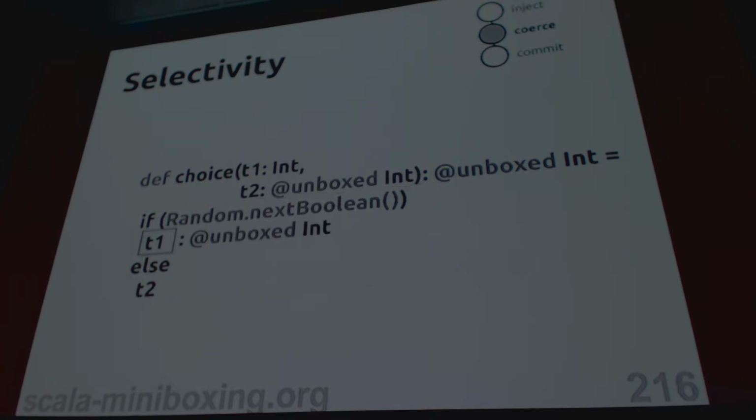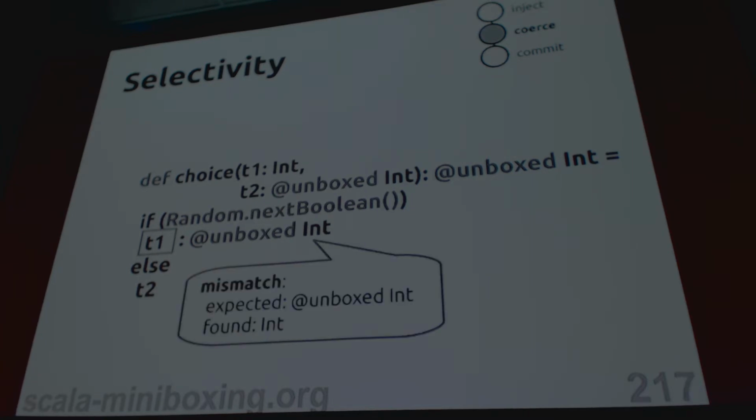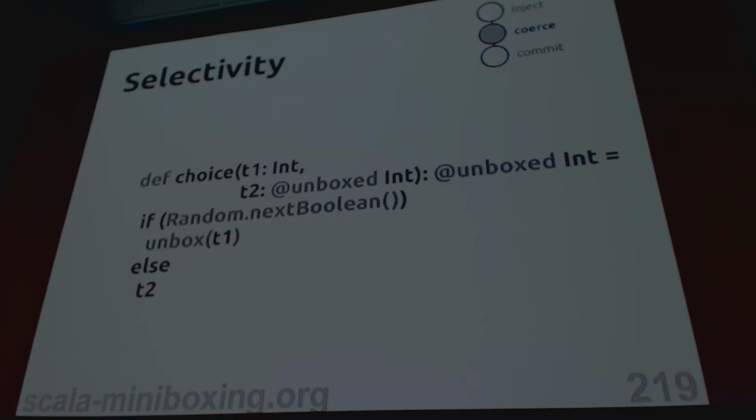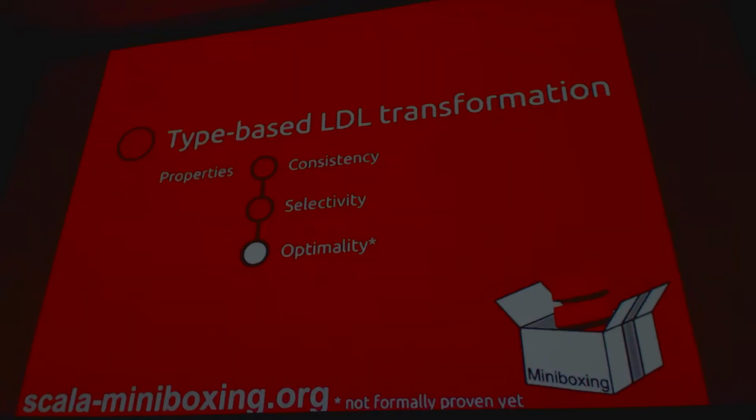So far, so good. Well, retype check t1, and there's a mismatch. What does it mean? Coercion. No problem. Unbox t1. That's it. We get to the commit phase, and it just commits to the final unboxed representation. No fancy problem, no peephole optimization, no rewriting, and all that.